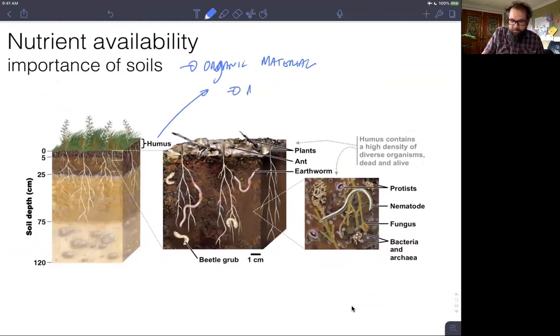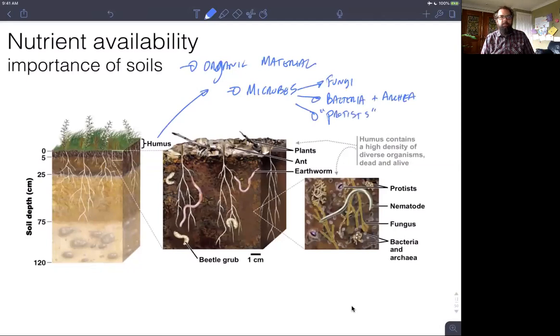And then, of course, there's a huge microbial diversity in the soil as well. These include fungi, bacteria, and archaea, protists, or these unicellular eukaryotes, I put them in parentheses because that's a paraphyletic lineage, and other animals like nematodes shown in the slide here.